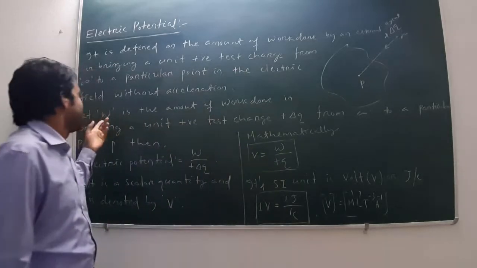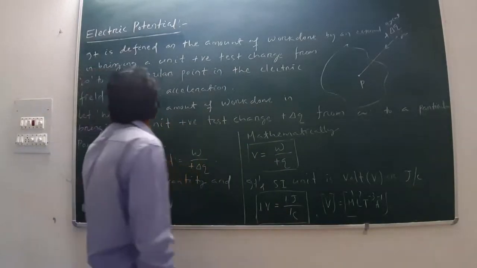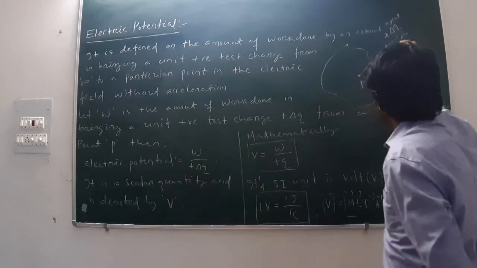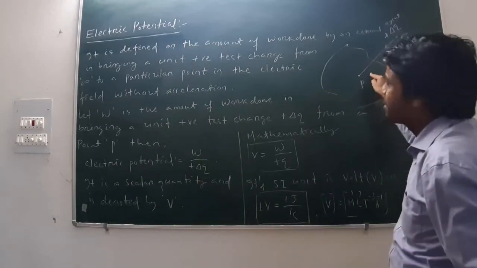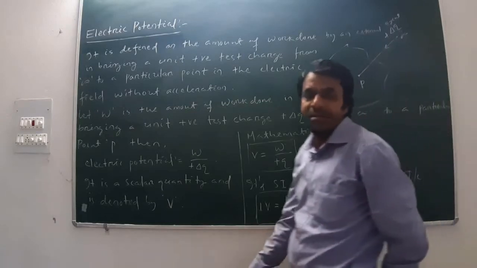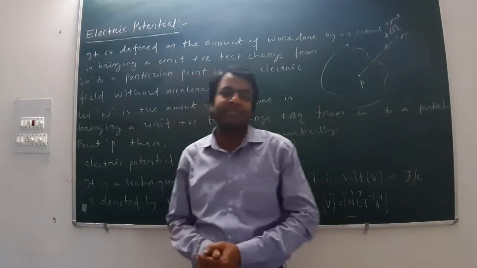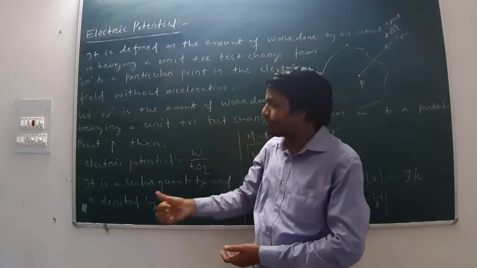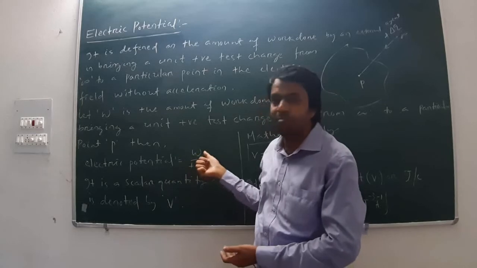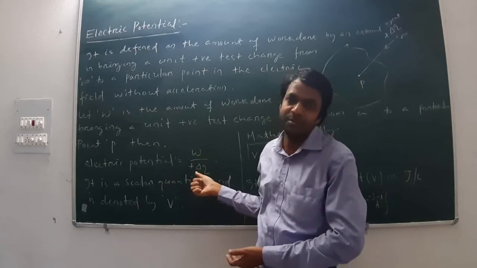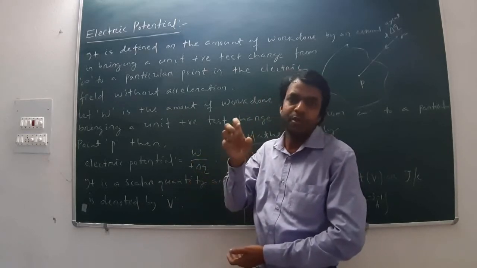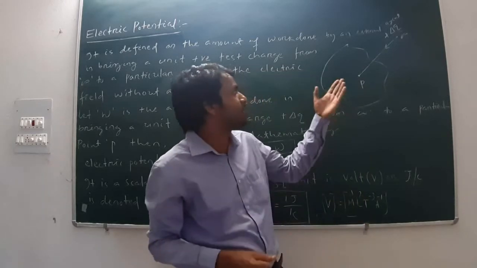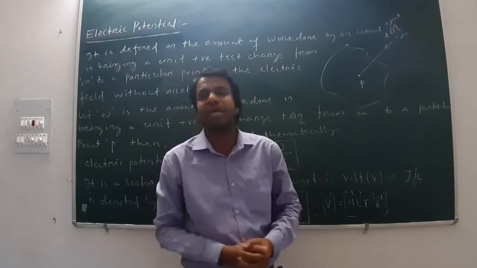Let W be the amount of work done in bringing a unit positive test charge plus del Q from infinity to the particular point P. Then the formula of electric potential, according to the definition, per unit positive test charge, is the work done W divided by plus del Q, because W is the total work done in bringing the unit positive test charge from infinity to that point.